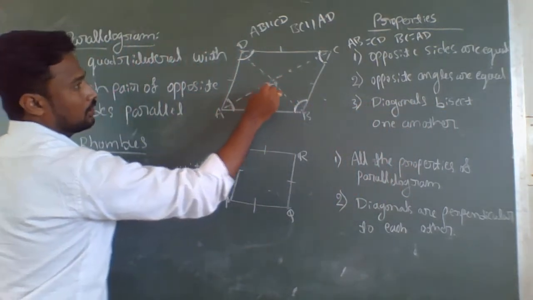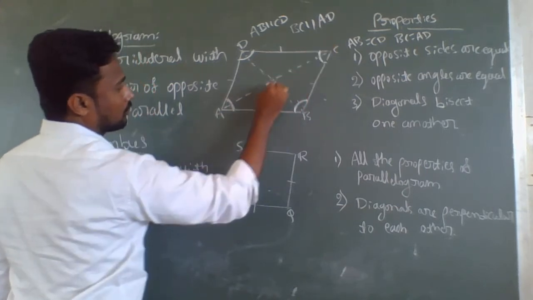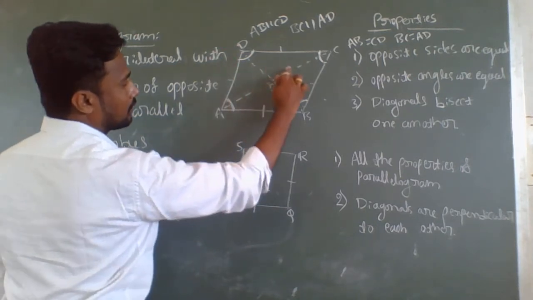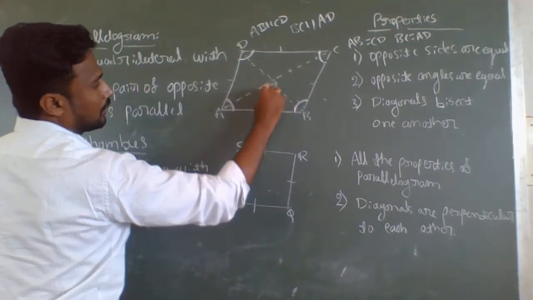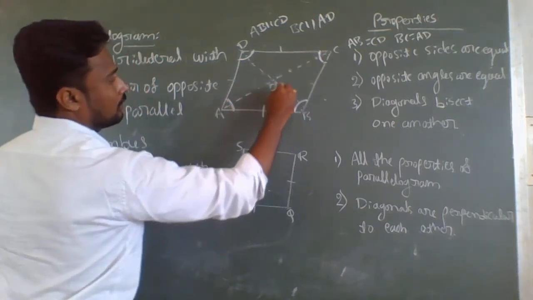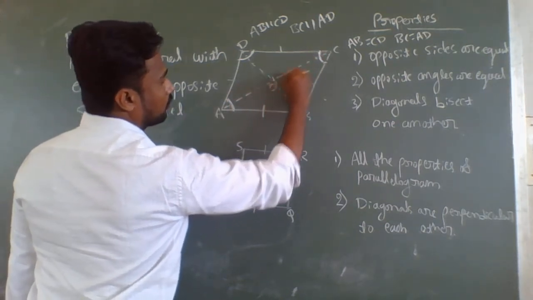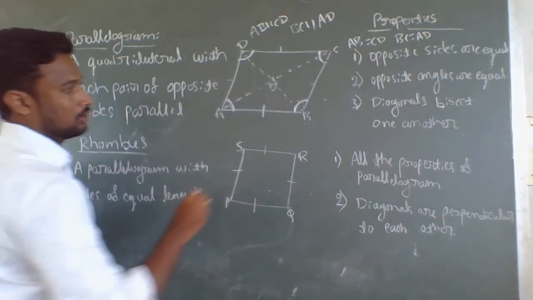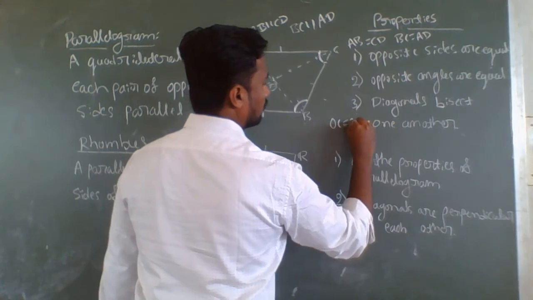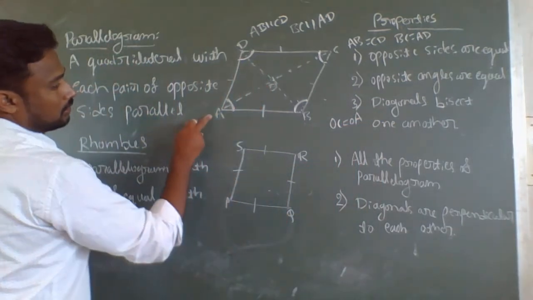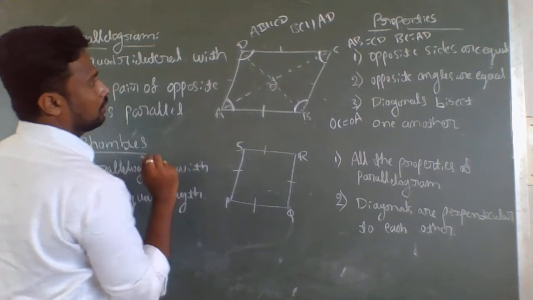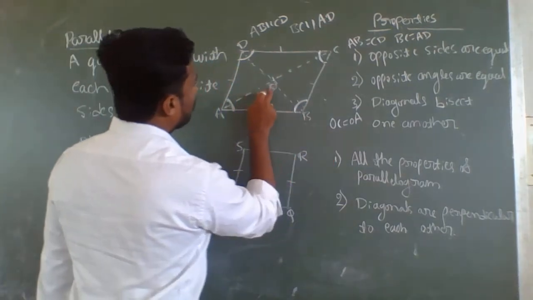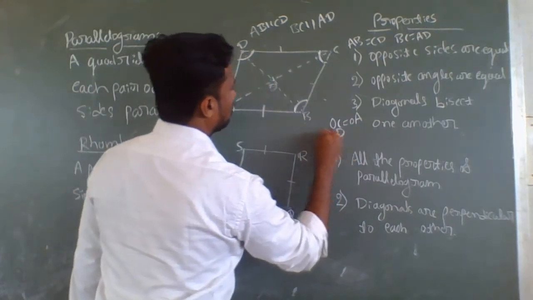Bisect means OC is equal to OA, because diagonal BD bisects diagonal AC. So OC is equal to OA. Like this only, diagonal AC bisects diagonal BD. Therefore, OD is equal to OB.